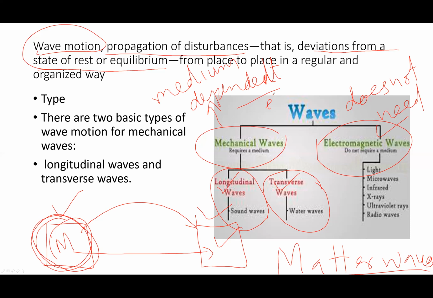Mechanical waves cannot travel through vacuum. There are two basic types of wave motion for mechanical waves: longitudinal waves and transverse waves.